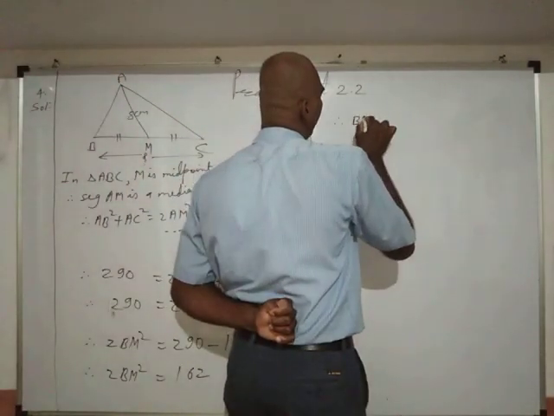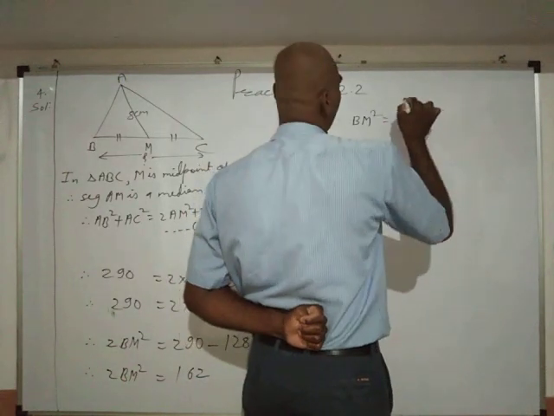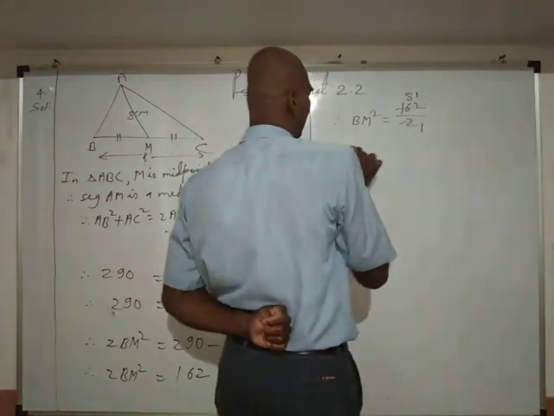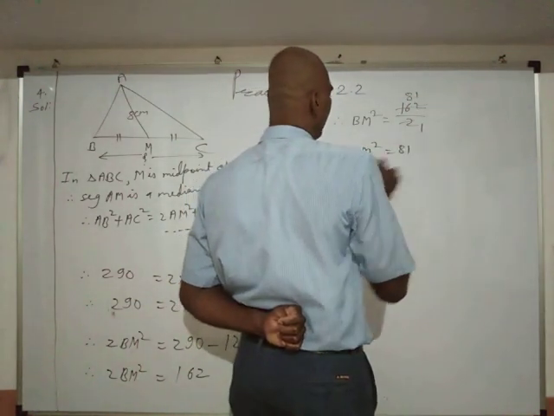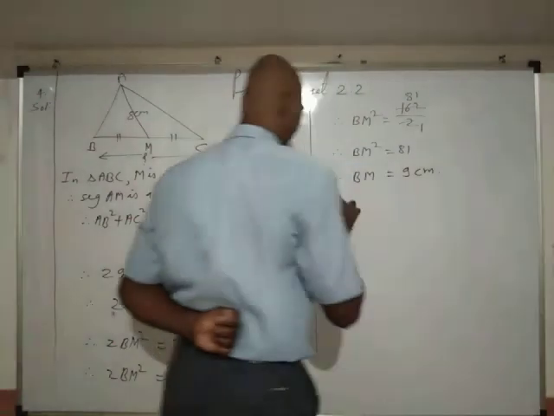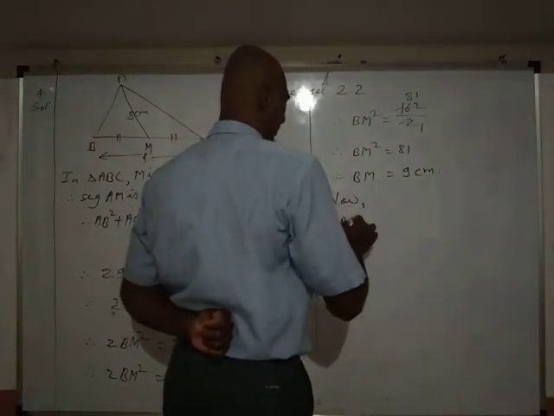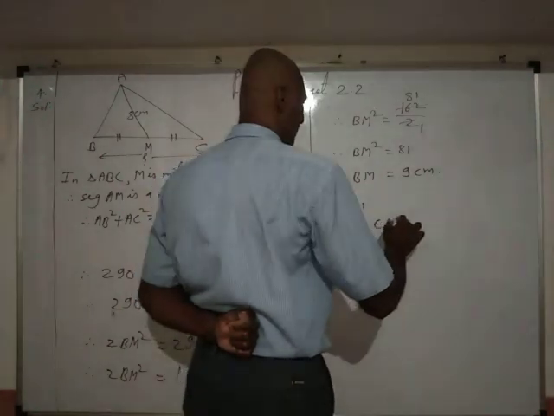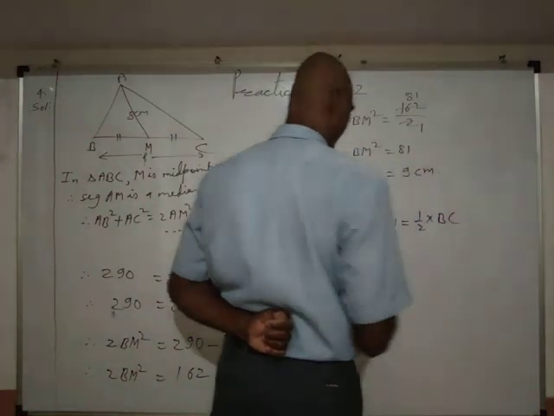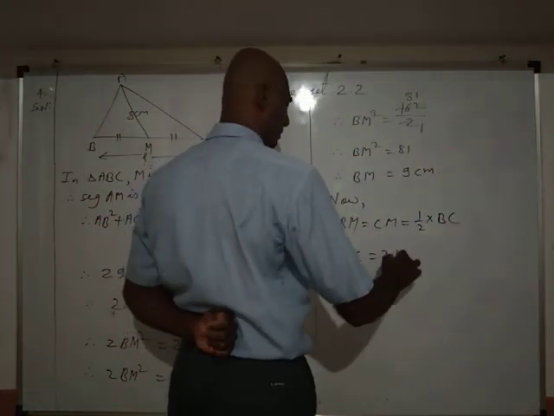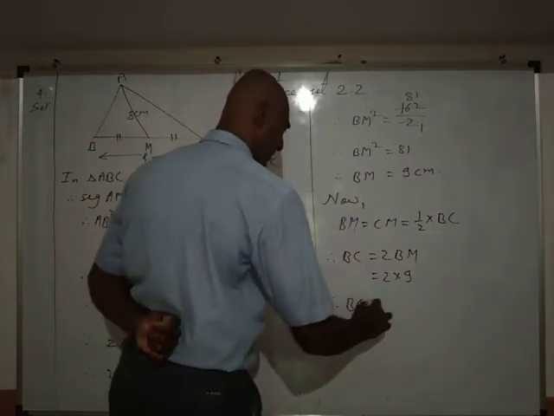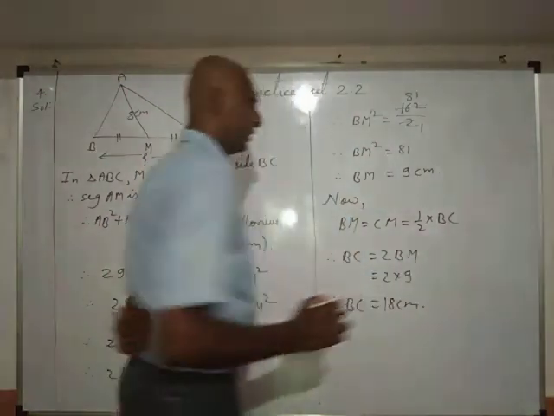Therefore BM square equals 162 upon 2, that is 81, and therefore BM equals 9 cm. Now BM equals MC equals half of BC, and therefore BC equals twice of BM equals 2 into 9, and therefore BC equals 18 centimeter.